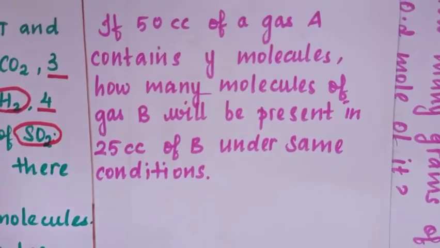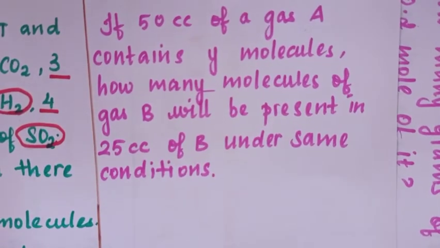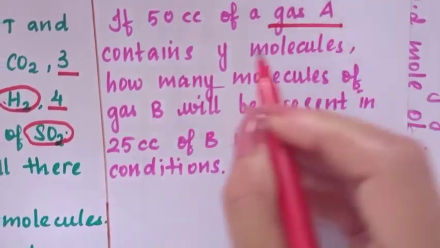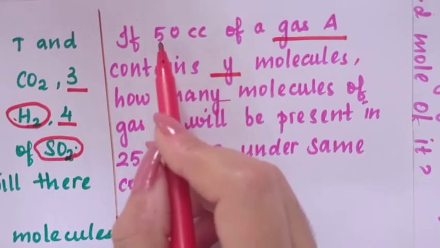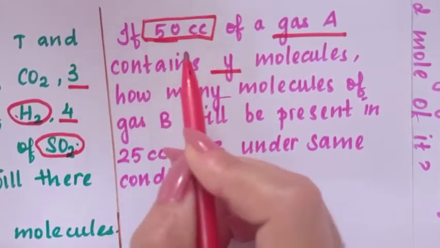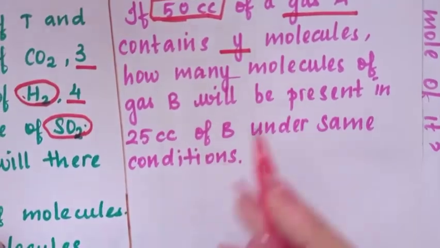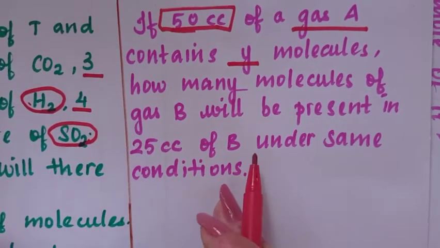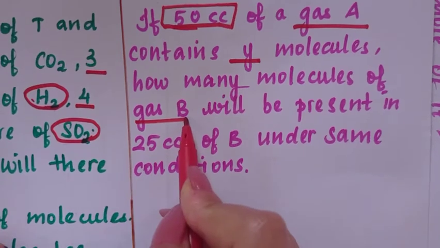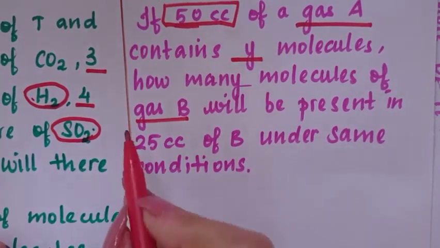If 50 cc of a gas A contains Y molecules, how many molecules of gas B will be present in 25 cc of B? Another gas B, in that, how many molecules will be present?